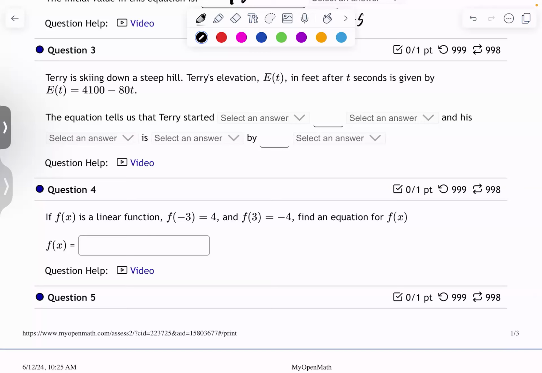It says, the equation tells us that Terry started at an elevation of, and this is going to be 4,100 feet. And actually, I think the way this is worded is it should be 4,100 here. And then here, the drop down is in feet.